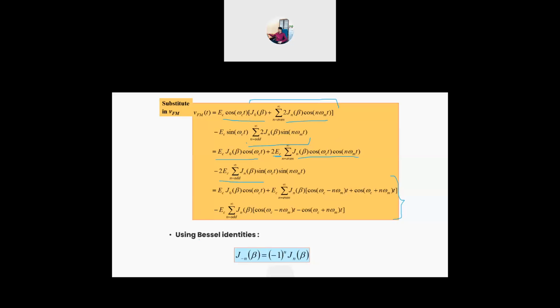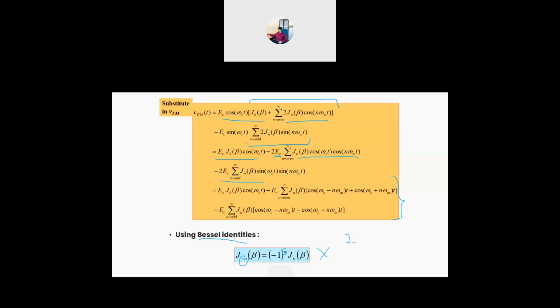Then using Bessel identities. I'm not sure whether the Bessel identities are in your appendix. No, this one is not in your appendix. So either you need to memorize it or not, I'm not sure. But if you need to memorize, it is not so complicated compared to the other equations. J_negative n(beta) is equal to (negative 1)^n J_n(beta).